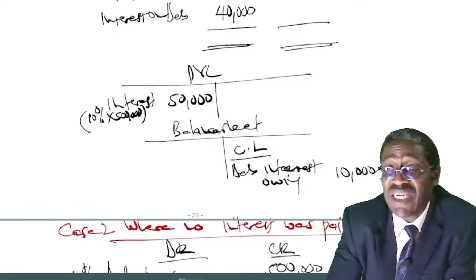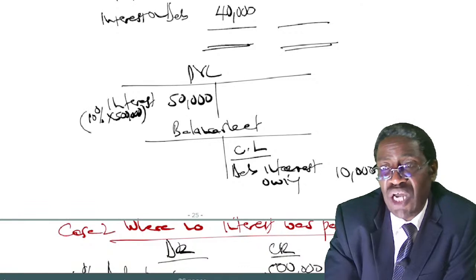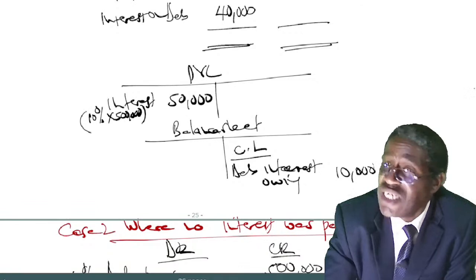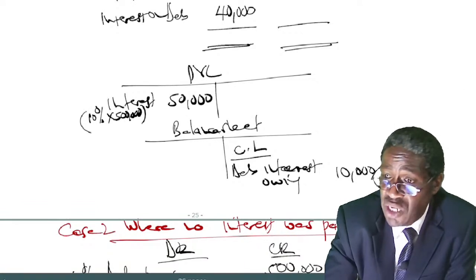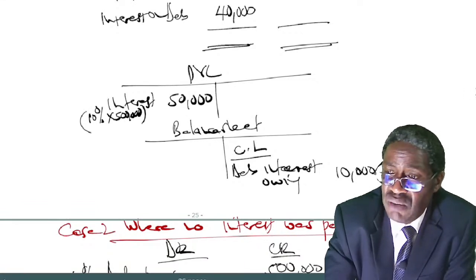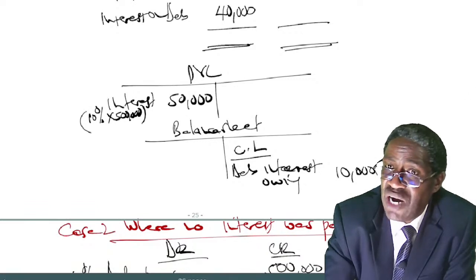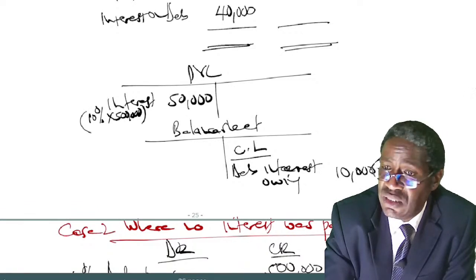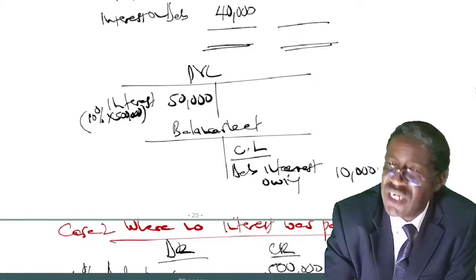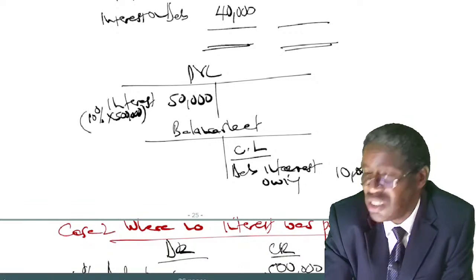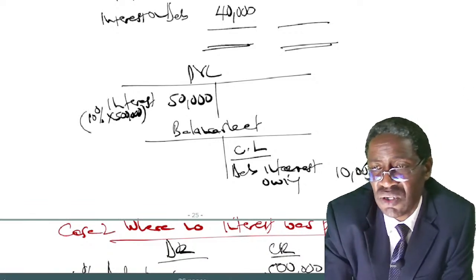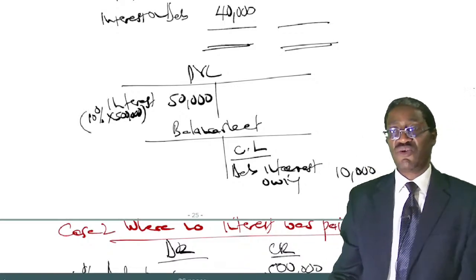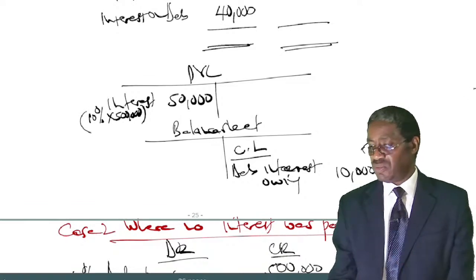Among the current liabilities you will have debenture interest owing of 10,000. I'm supposed to pay them 50, I've only paid them 40, so I owe them another 10. That 10 is what you take to the balance sheet as a liability. Okay? Good.